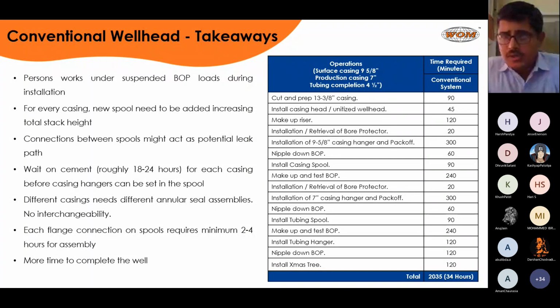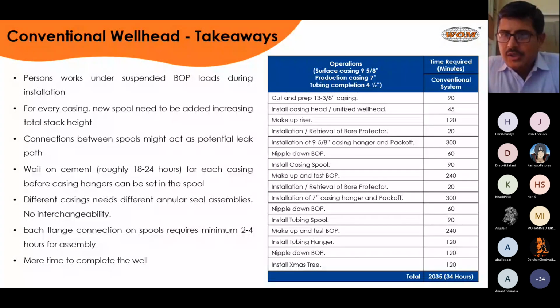We start with cutting and prepping the 13 3/8 casing, which will take roughly 1.5 hours or 90 minutes. Installation of the casing head takes around 45 minutes. Making up the BOP riser and BOP stack takes around 120 minutes.